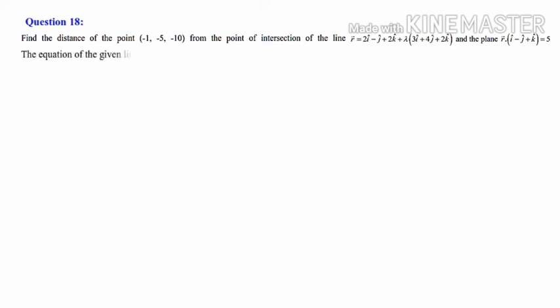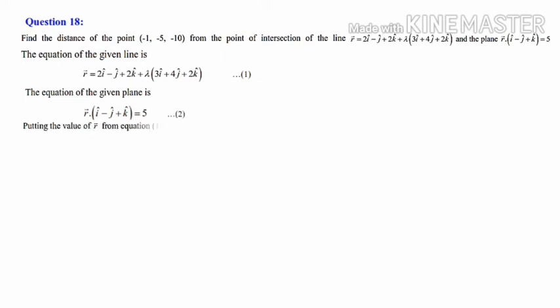So here the equation of the given line is vector r = 2i cap - j cap + 2k cap + lambda (3i cap + 4j cap + 2k cap). Label it as equation number 1. The equation of the plane is vector r dot (i cap - j cap + k cap) = 5. Label it as equation number 2.